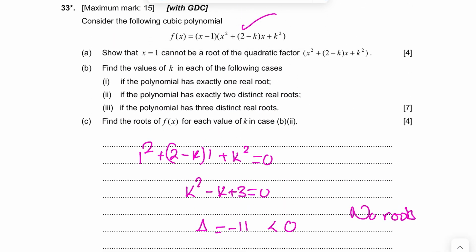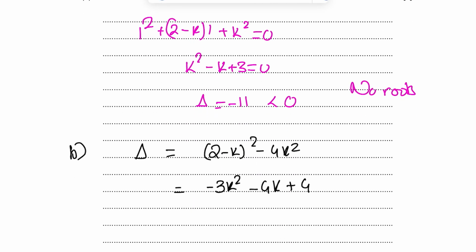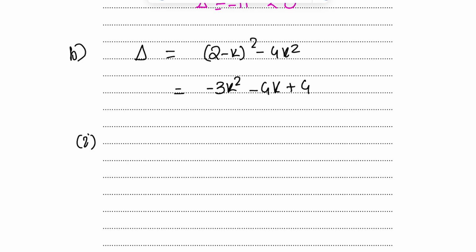Now the polynomial has exactly one root, two distinct roots, and three real roots. So, this should have exactly one root.